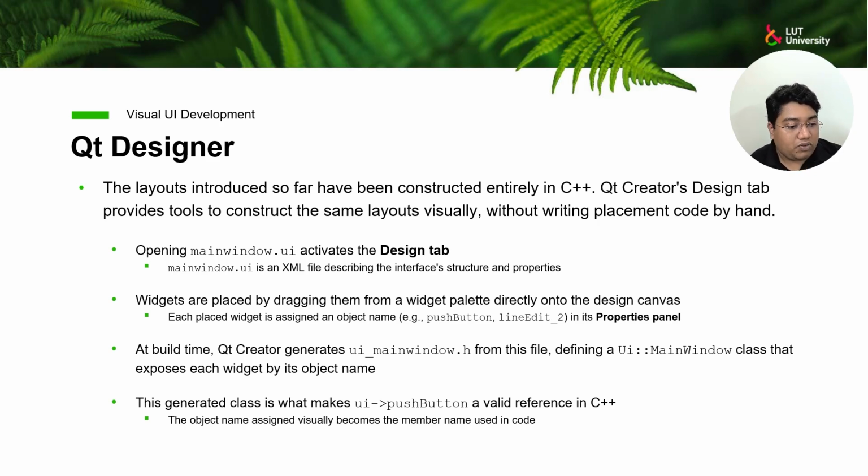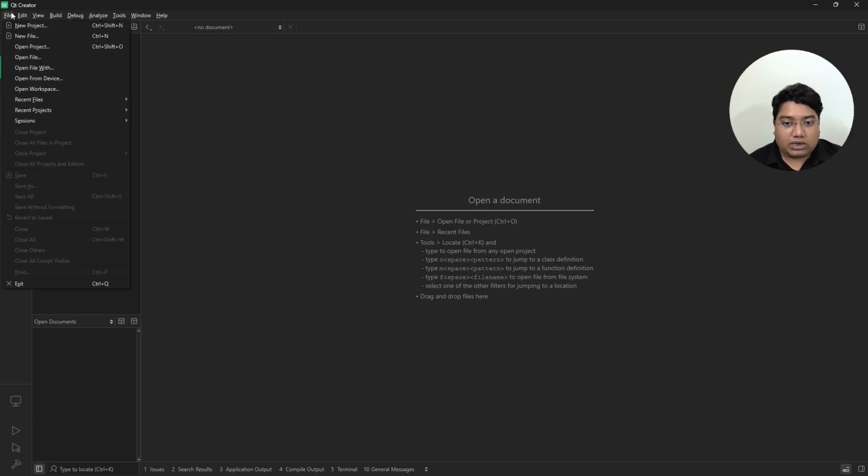Qt Creator provides another option. It's called Qt Designer. Instead of writing widget placement code ourselves, we can simply drag widgets onto a design canvas. So let's see how that looks.